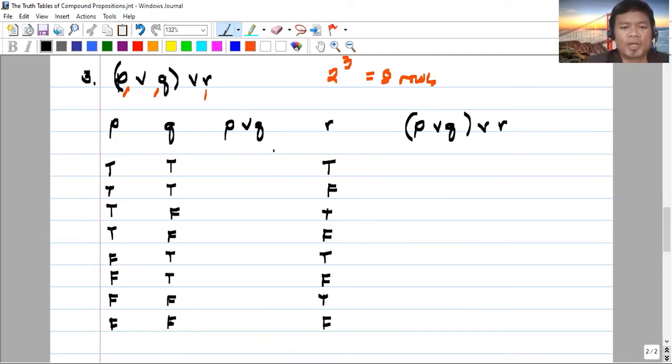So we go back to the expression P or Q. Again, the disjunction of two propositions P or Q is false only when both P and Q have the same truth value of false.